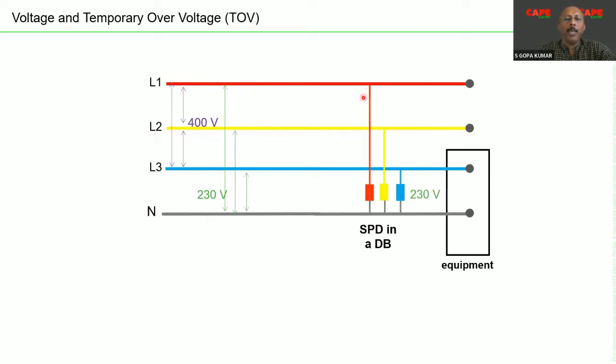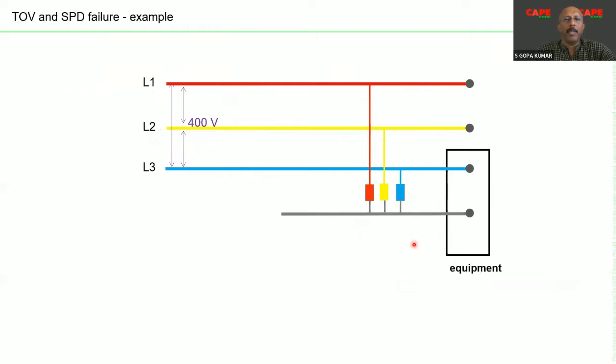And now you see three SPDs are connected between line and neutral. The applied voltage into these SPDs are 230 volt. As a result, in normal condition, your SPDs are in good condition. It is ready to work. But whenever there is a neutral disconnection in your circuit, you know very well that between the connected line and neutral, suddenly the potential is zero.